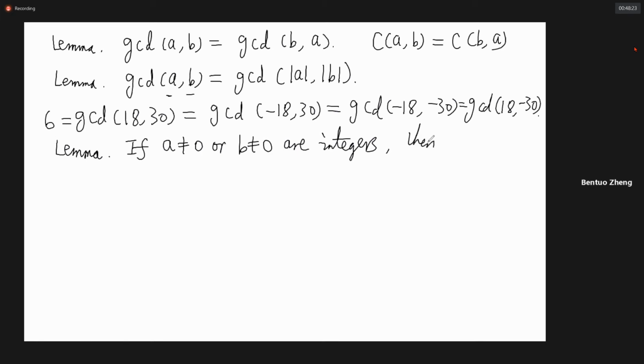Then the greatest common divisor of A and B would always satisfy this inequality: greater than 0 and less than or equal to the minimum of the absolute value of A and the absolute value of B. Okay, so let's look at the proof.